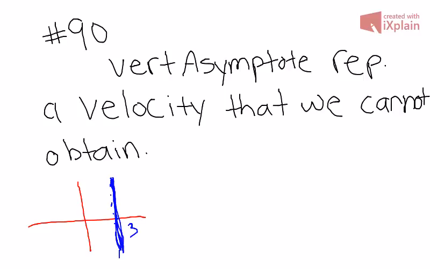So basically, the vertical asymptote would represent a velocity because, well, what is x, or in this case, it's v. Well, v measures velocity, so basically, a vertical asymptote is a place where we can't have that velocity. So it represents a velocity that we can't obtain. That's the best way I'd describe it.